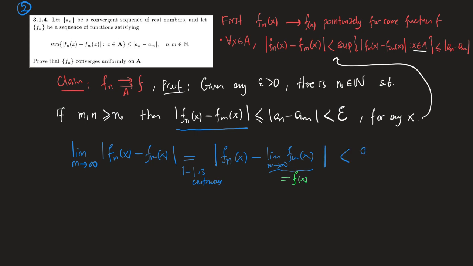And this is less than epsilon. So at the end we have found that for any x in A, |f_n(x) - f(x)| is less than epsilon, and we have just proven the first definition of uniform convergence. Okay, finished.